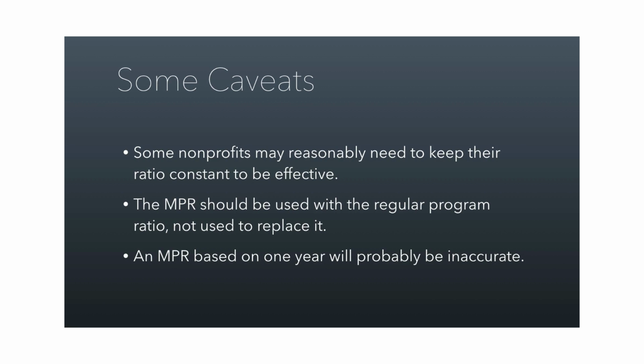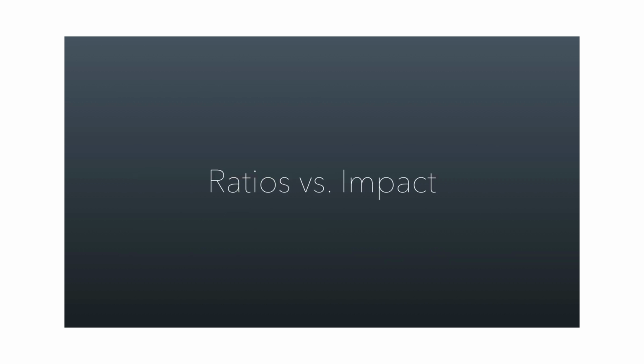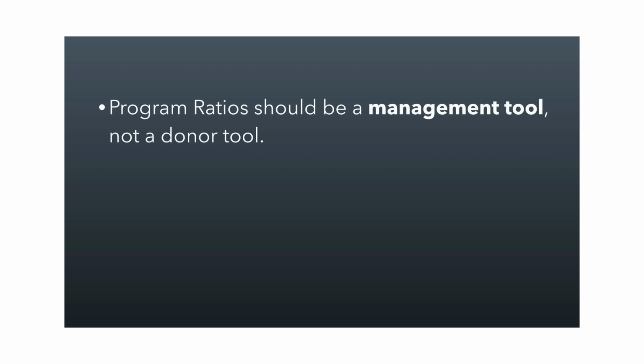at stake. But to wrap up, and I leave this for last because I want to really emphasize this point, when we're talking about program ratios and comparing them to impact, I want to make a really important point that program ratios should only ever be a management tool, not a donor tool. Now, that doesn't mean you can stop donors from focusing on program ratios. It sort of is like a level of sophistication that makes donors dangerous more than anything else.